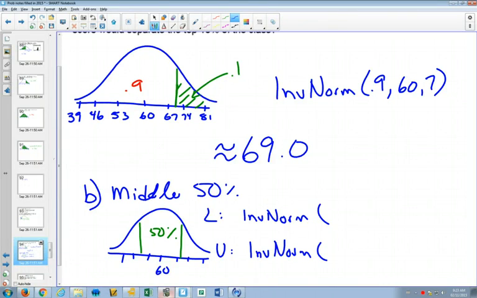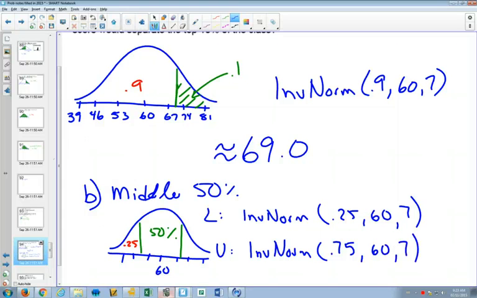For the lower one, what area would I put in? For this line, I need to know what this area is here. Can you see that that would be 25%? So I would put in 0.25, 60, and 7. For the upper one, can you see that it would be 0.75?